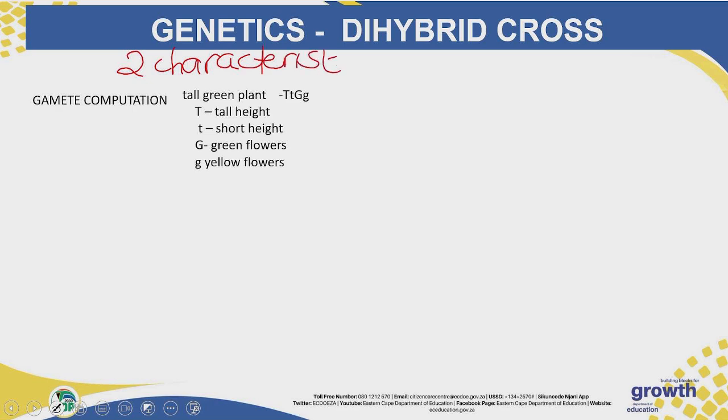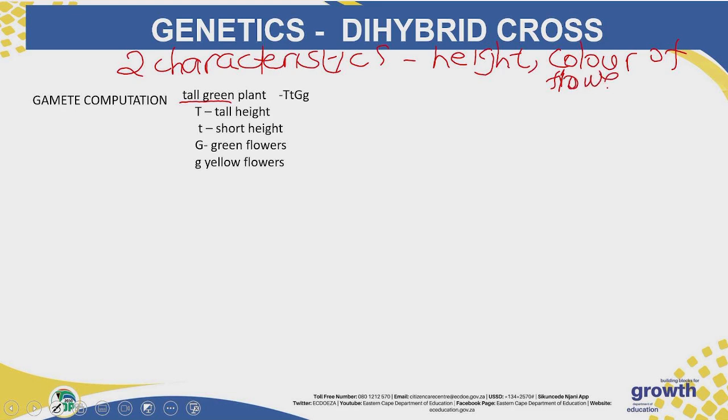So if we are looking at this example, we've got a tall green plant, so we are looking at 2 characteristics. In this case, it is the height of the plant plus the color of the flowers. Those are the 2 characteristics that we are getting there.